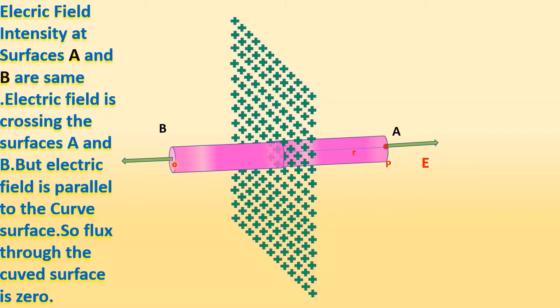The electric field crosses the surfaces A and B, but the electric field is parallel to the curved surface. So, the flux through the curved surface is 0. Here we have to consider only the flux through the base surfaces.